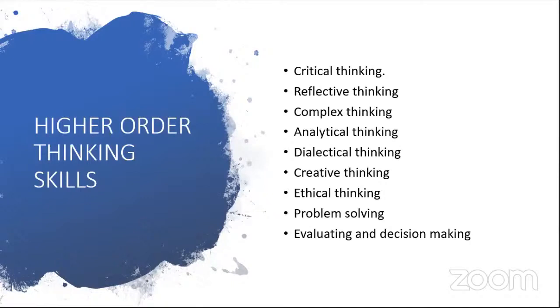Then moving to creative thinking, the skills are indispensable for all professionals looking at things in new ways with solutions. Ethical thinking. We need to constantly learn in order to stay ethical. Problem solving, the ability to find solutions to difficult or complex issues. Evaluating and decision making.